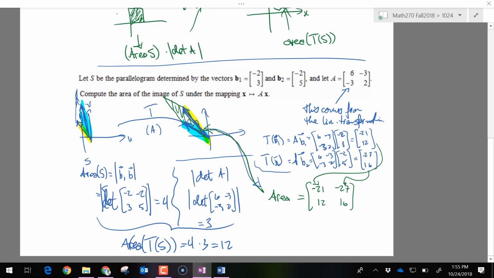Right? And so this is equal to 12. Oh, negative 12, but you want an absolute value, so it's the same. Oh, shoot. It would have sucked if it was different.